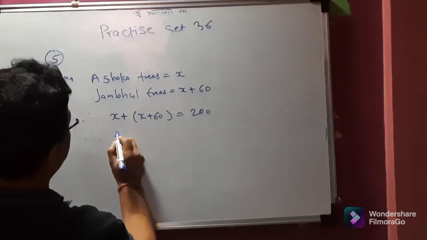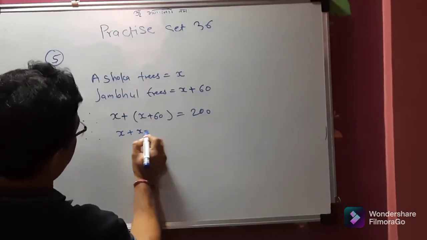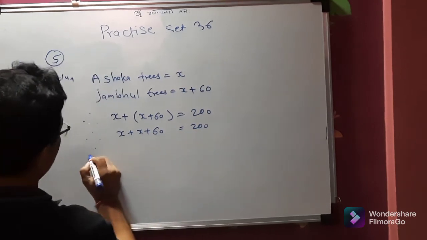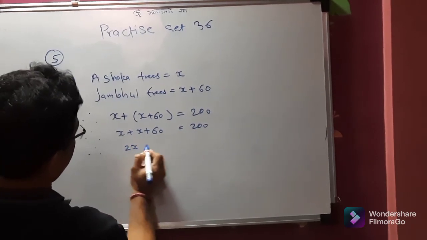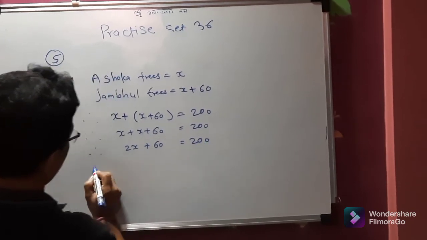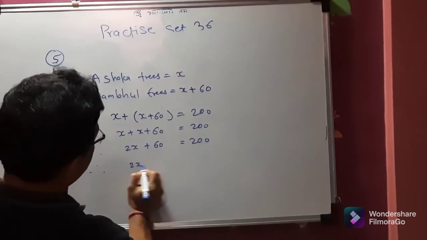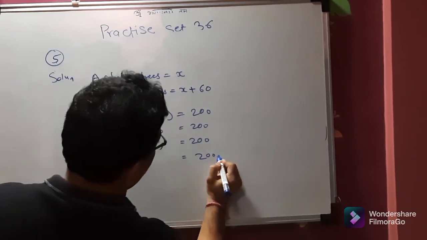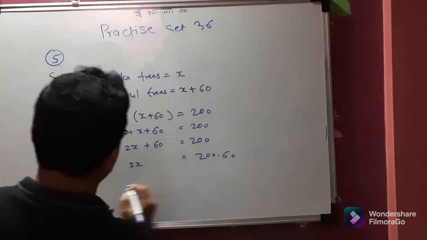We will open the bracket. So this is 2x plus 60 is equal to 200. So 2x is equal to 200, and this plus 60 goes to the other side, so minus 60.